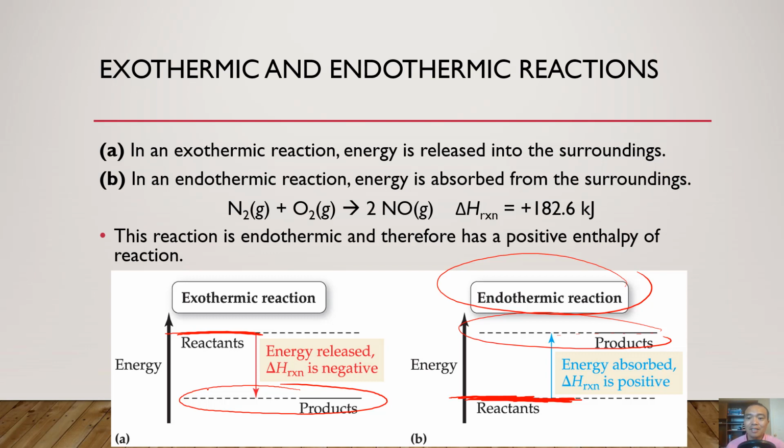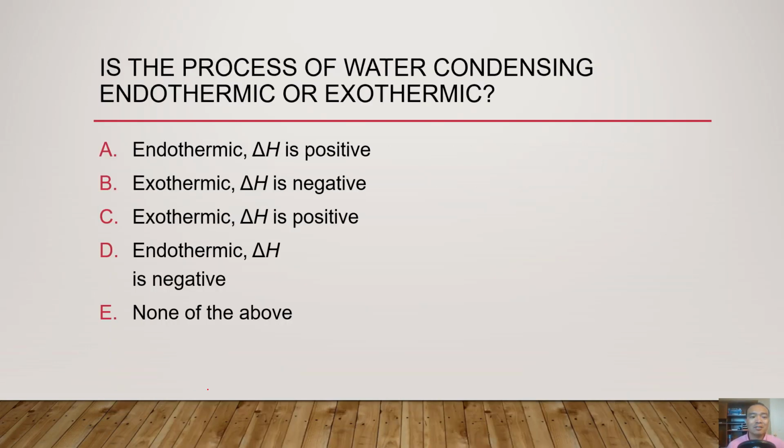All right. Look at a couple of exercises. One exercise over here is the process of water condensing. Is it endothermic or exothermic? How do you condense water? The opposite of condensation is vaporization. When you vaporize water, it absorbs energy.